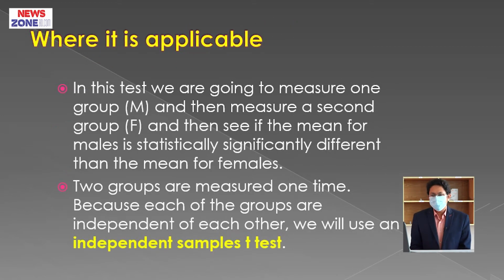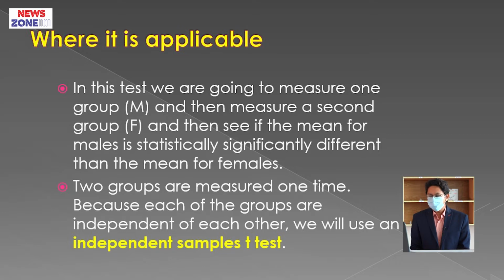This procedure is applicable in a situation where one variable is divided into two subgroups. In this test, we are going to measure one group, that is male, and then measure a second group, that is female, and then see if the mean for males is statistically significantly different than the mean for females.